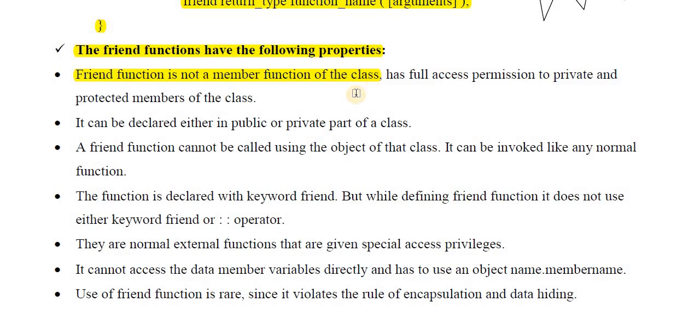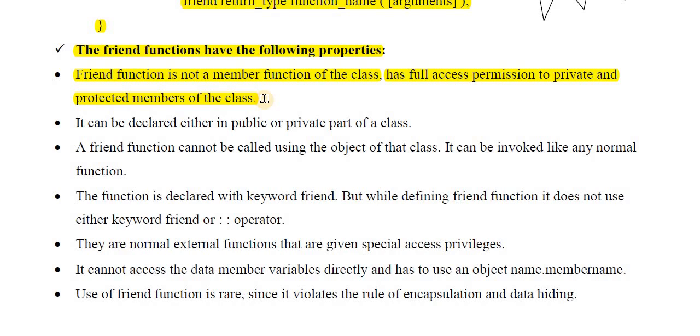So friend function is not a member of class, but it has full access permission to private and protected member of a class. So even though friend is not a member function of a class, it can use all private and public variables of that class. Why?